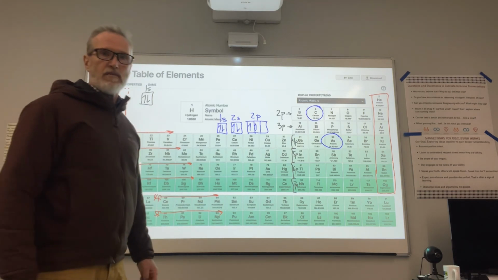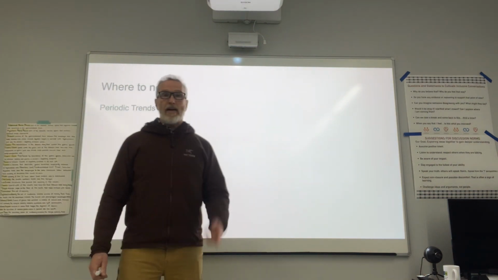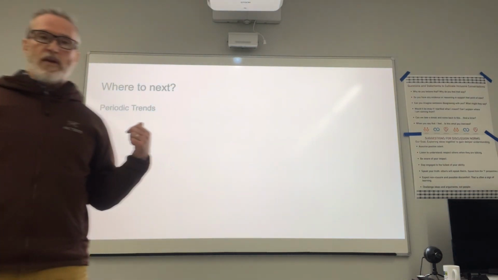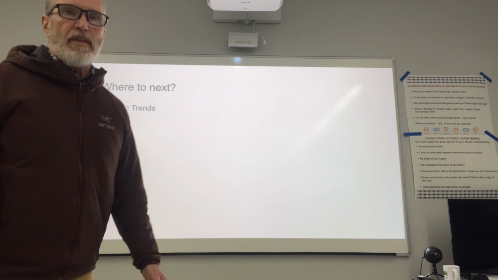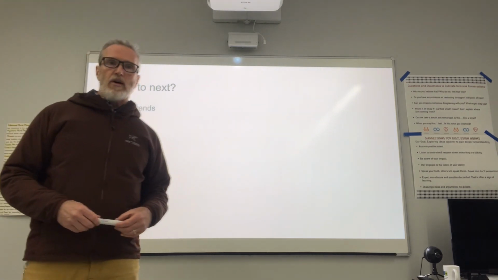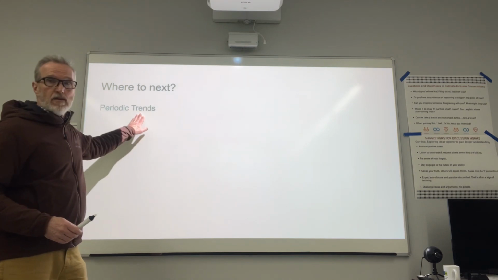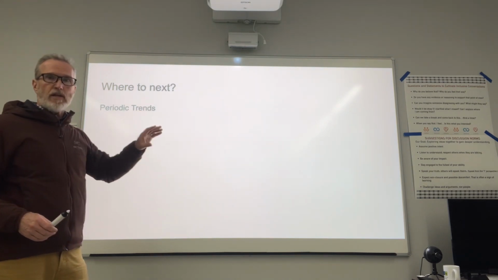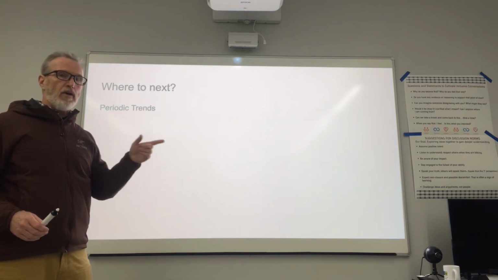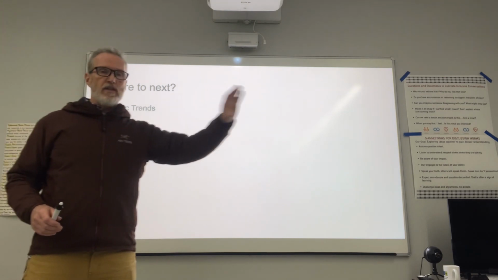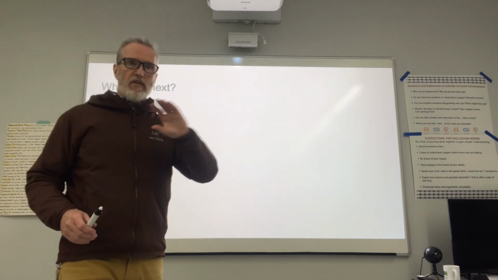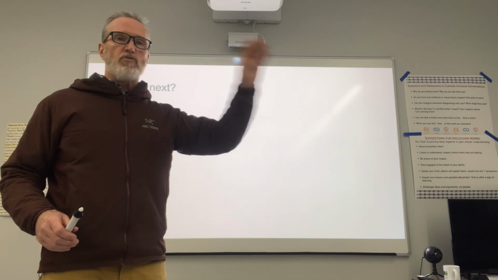So that leads us to the question, where to next? What do we do with our understanding and our learning about atomic behaviors? We talk about periodic trends. Those are trends in properties that recur. So there's a period. We see an increase or a decrease or whatever the change and the trend may be, and it's repeating.